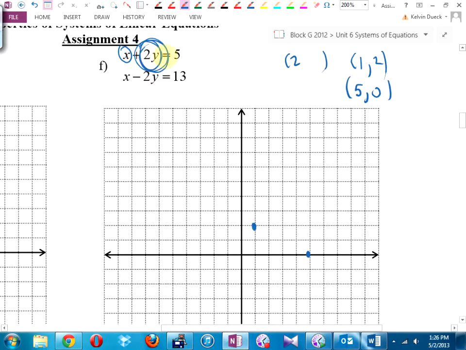Can I make that work out to a 3 evenly very easily? So I skipped it. It didn't work out nicely. Oh, but what if x was 3? 3 plus what is 5? How can I make that work out to a 2? I said, you know what, (3, 1) is also on it, and now I spotted the pattern. It looks like we're going down 1 over 2, I can graph this now.